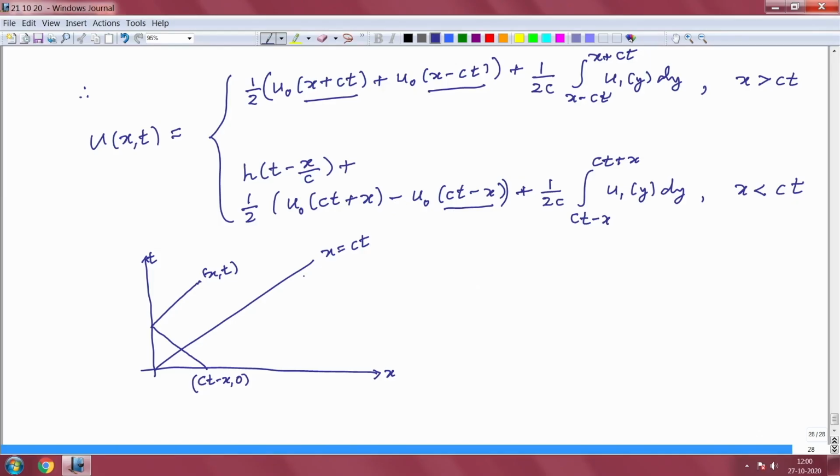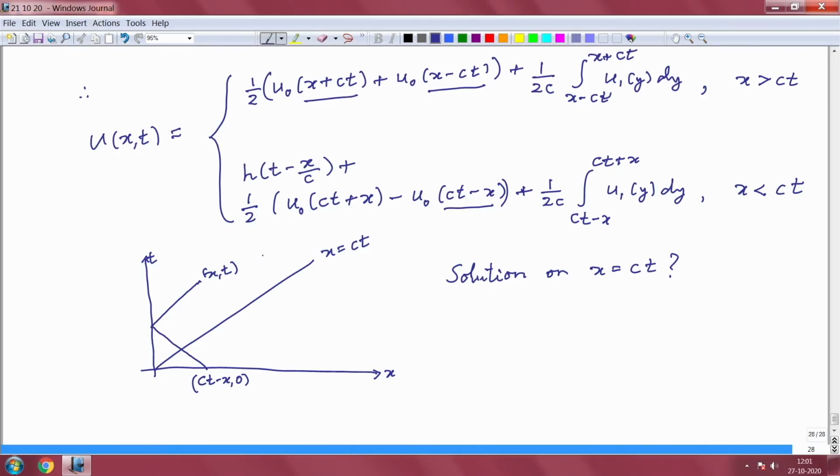So, what about the solution on x equal to ct? Okay. So, we can simply take the limit of the solution.